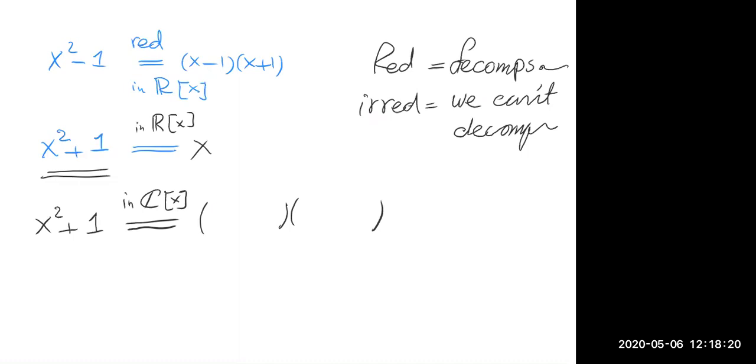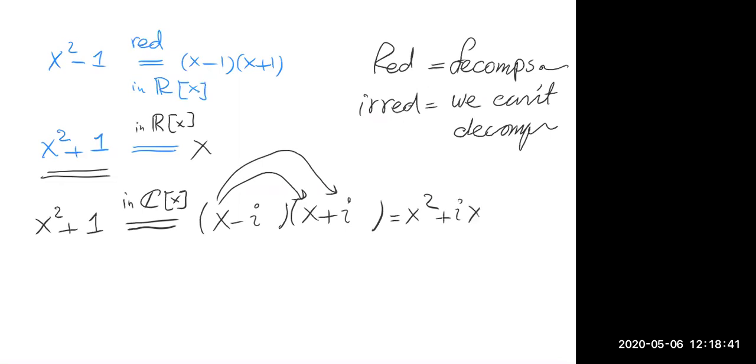You can just unmute yourself whenever you want to give an answer. Plus minus i. Yes, that is correct. So here we have x minus i times x plus i. If you do this multiplication, we get x times x, which is x squared, x times i, which is ix, minus i times x, which is minus ix, and minus i times i.